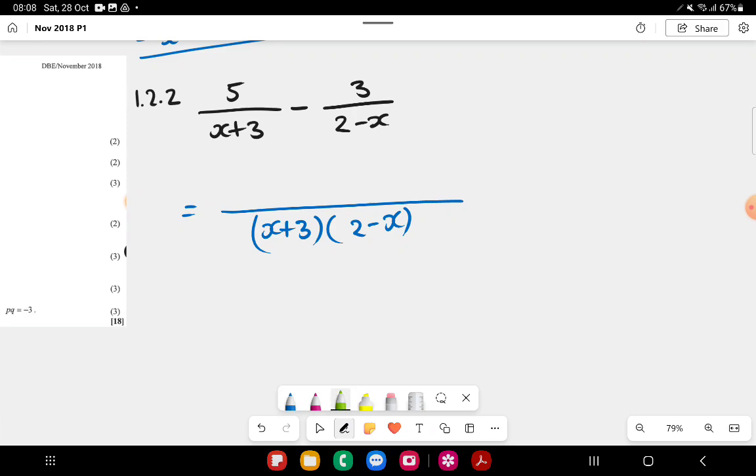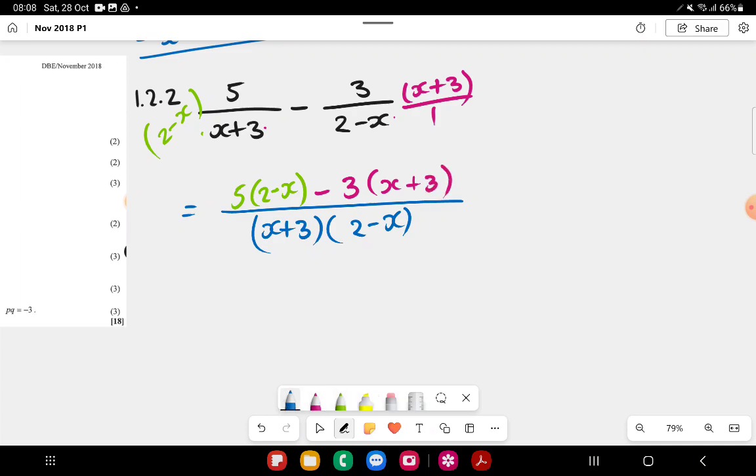That means that since I have x plus 3 here, I must multiply this by 2 minus x as a numerator. So this becomes 5 times 2 minus x. And on the right hand side, since I have 2 minus x, I must multiply it by x plus 3, x plus 3 over 1. So it becomes minus 3, x plus 3 as a numerator.